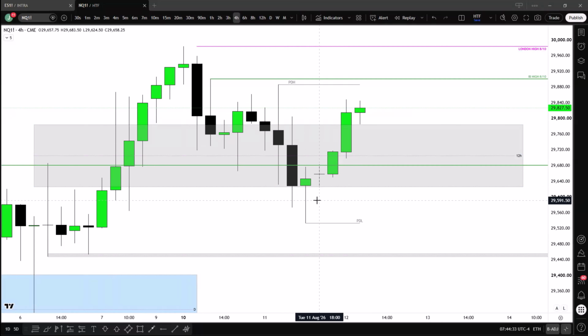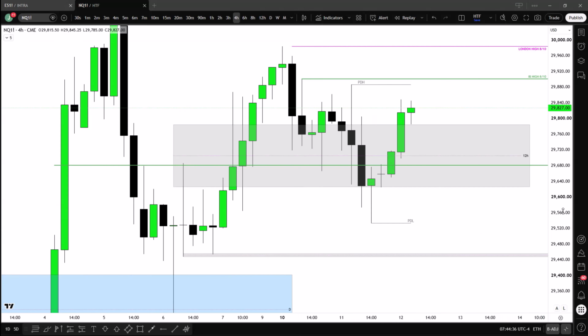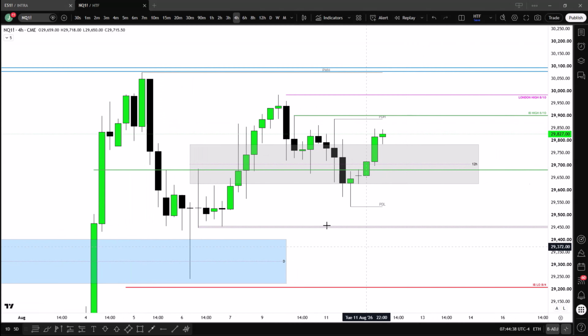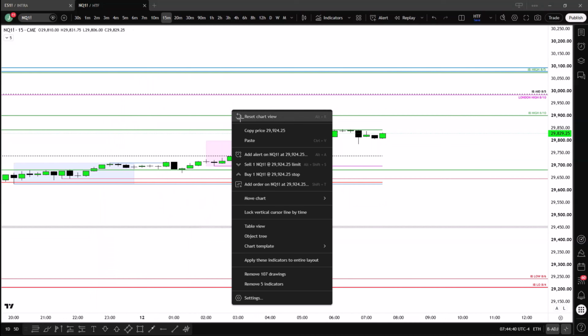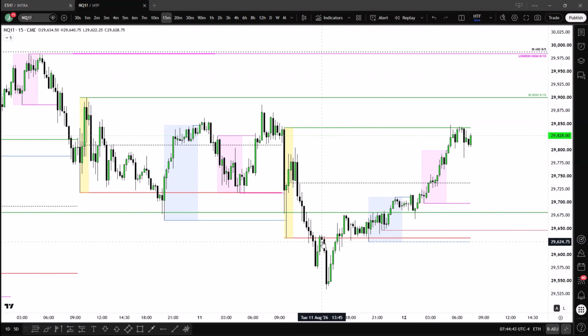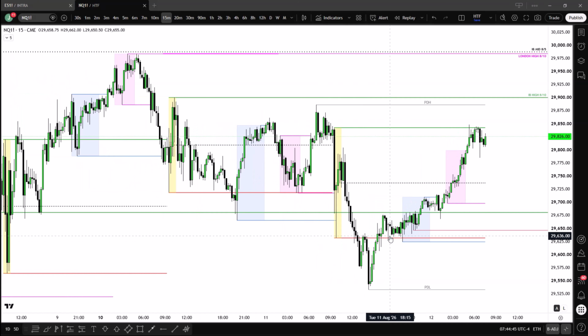So you have a CRT, you've got a volume profile, a point of control, and you have lower time frame confirmation execution to trade with. The volume profile and the CRT model and the fair value gap give you a bias.